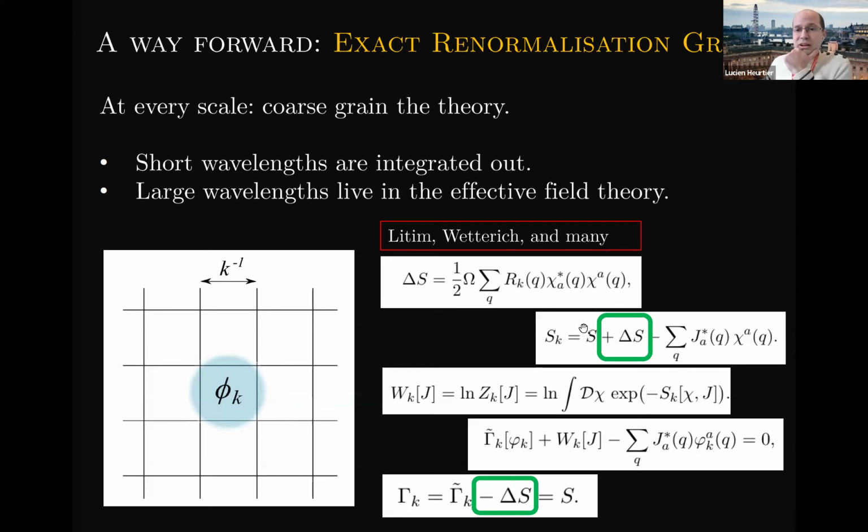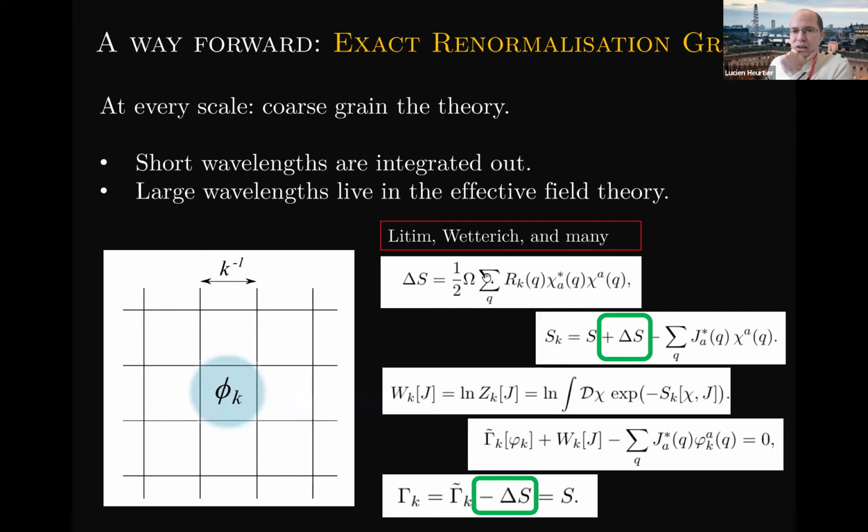Basically, people take the classical action and add to it a piece which is supposed to regularize your action, a sort of contribution to the propagator. This delta S here, forget about the indices. You may have a bunch of fields if you want, but think about only one scalar field.